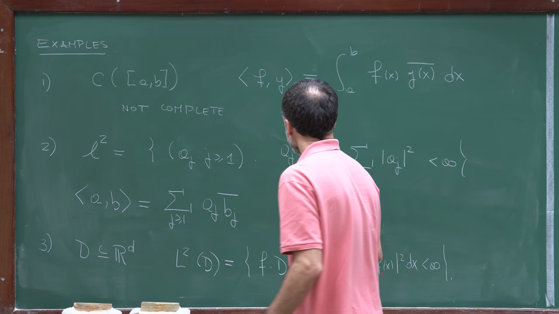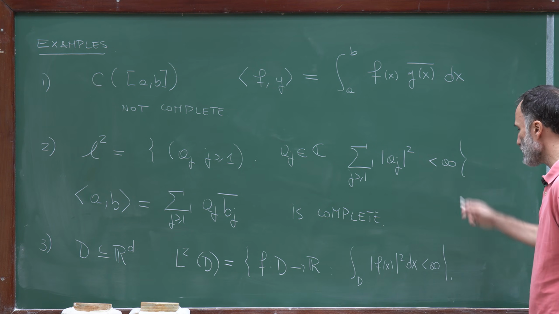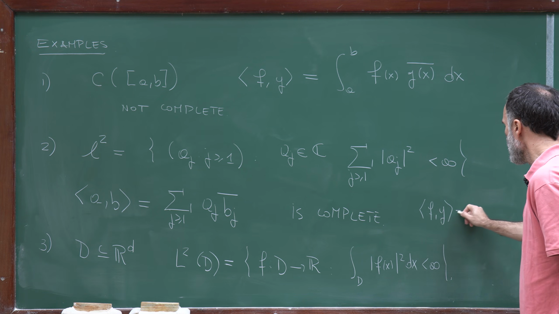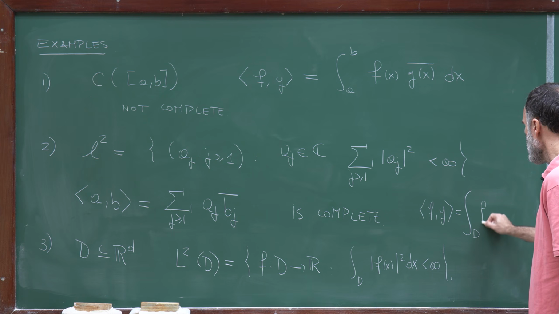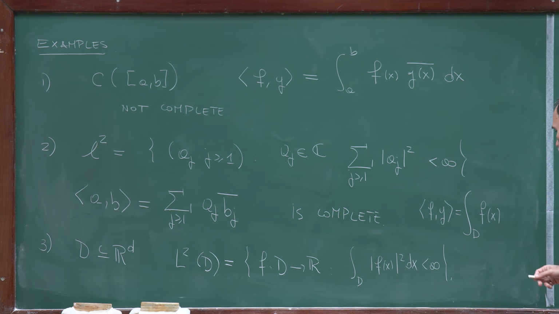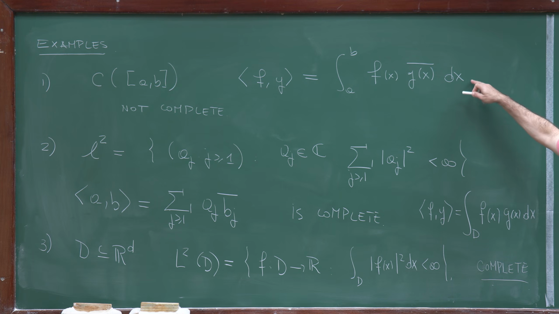And on that space, again, you define a similar scalar product. You define the scalar product of f and g as the integral over D of f(x) g(x) dx. I'm assuming that they take real values, so I don't need the complex conjugate. Again, I leave it to you to show that this defines a scalar product. But now, this space is complete.